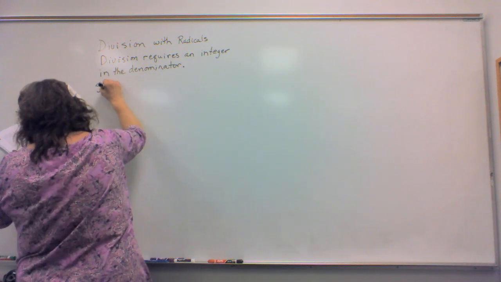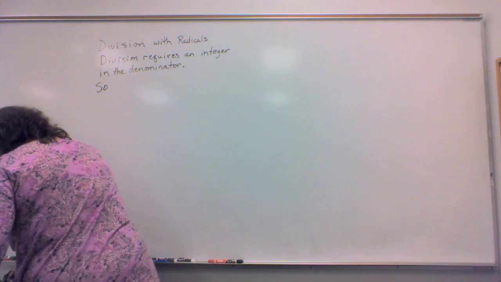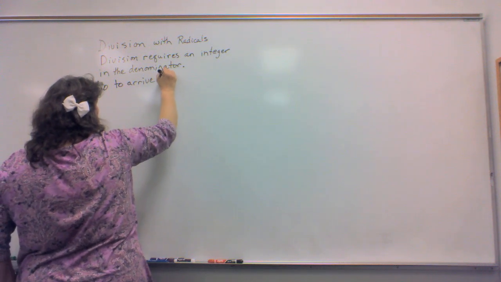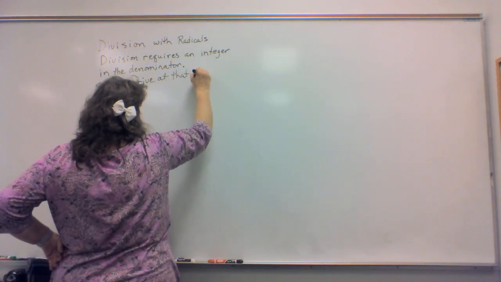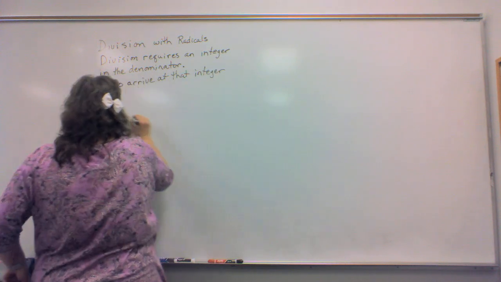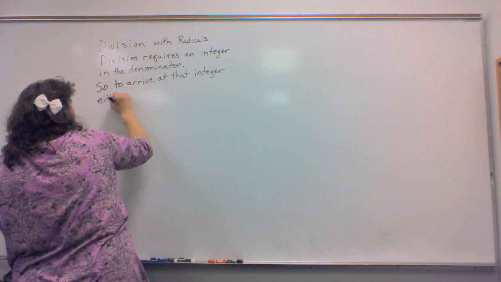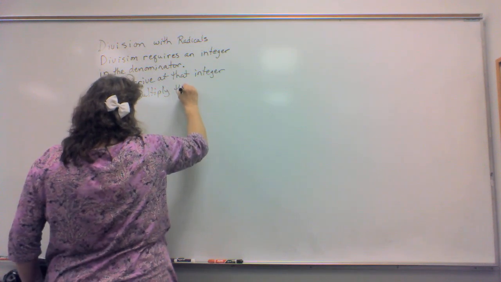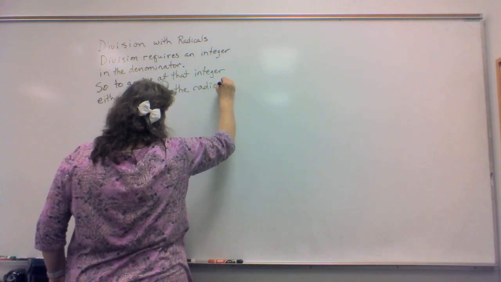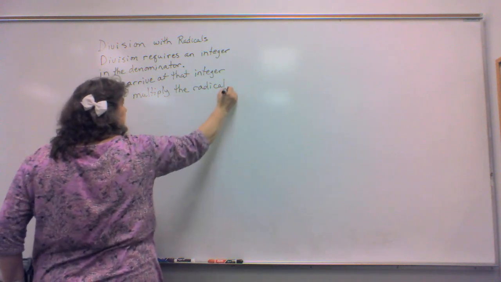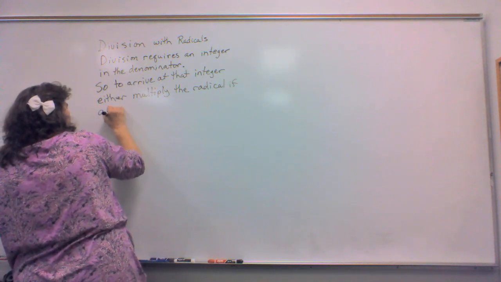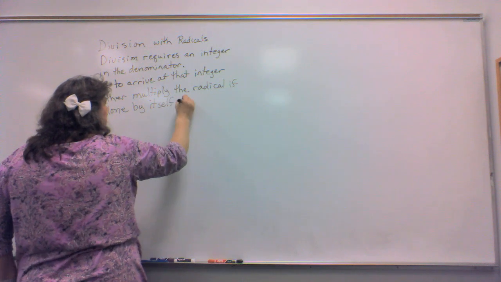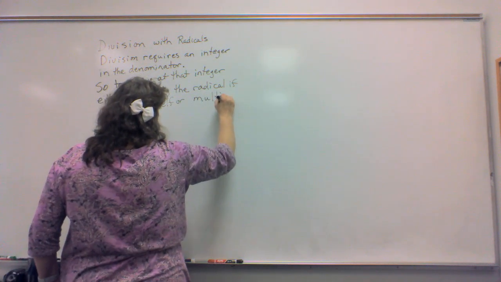So, to arrive at that, either multiply the radical in the denominator by itself if it is alone, or multiply by the conjugate.